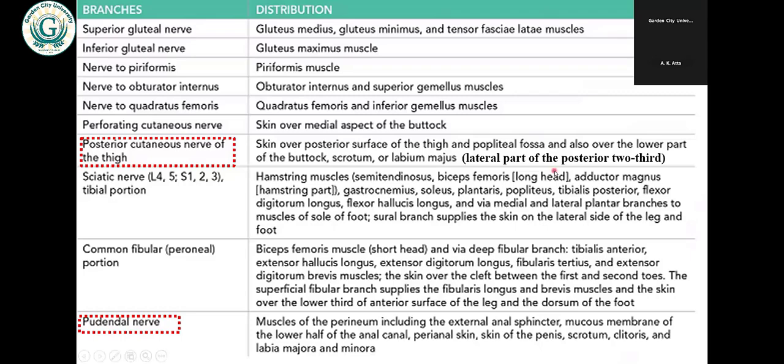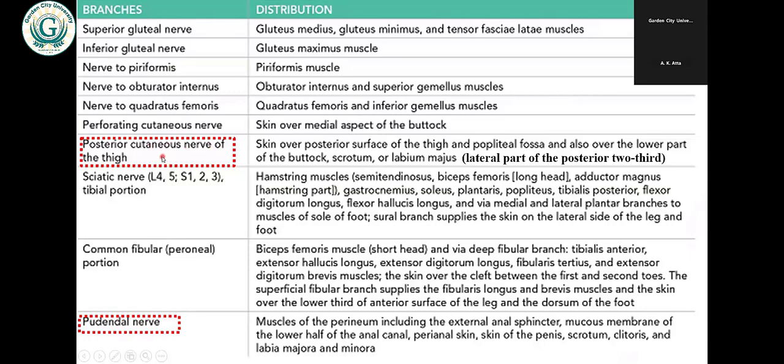These are the nerves that will be coming from the sacral plexus. If you look at all these many nerves, the nerve that stands out is the pudendal nerve. The other one that stands out is the posterior cutaneous nerve of the thigh.